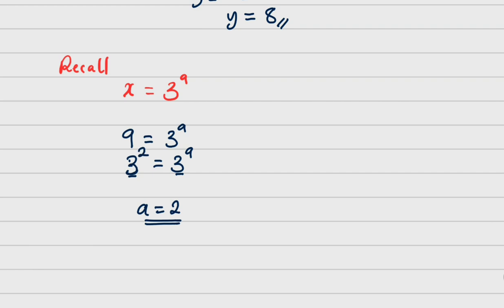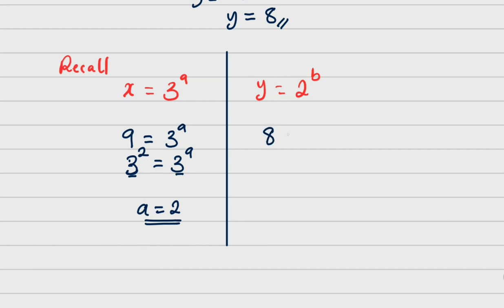So, then the other part is to get the value of b. We can actually get it too. We know that y is equals to 2 raised to power b. Therefore, we know that y is 8.